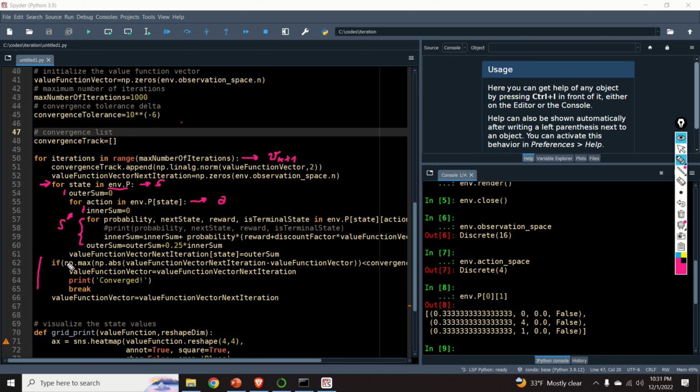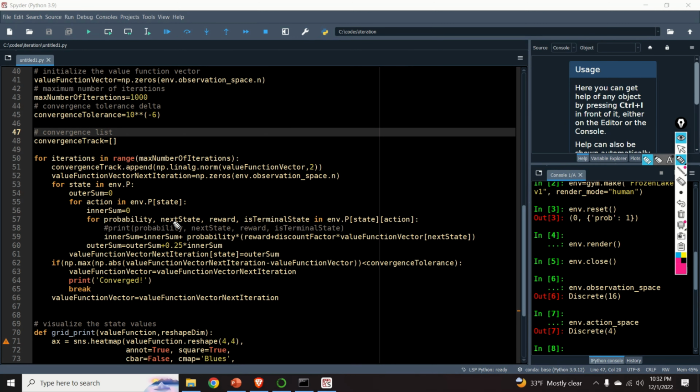Finally, over here, we test the convergence. If the difference between vk plus 1 minus vk is small enough, we stop the algorithm. That is, if this difference is below the convergence tolerance, we stop the algorithm. Here are a few important comments related to this algorithm. Let us first focus on this part over here.